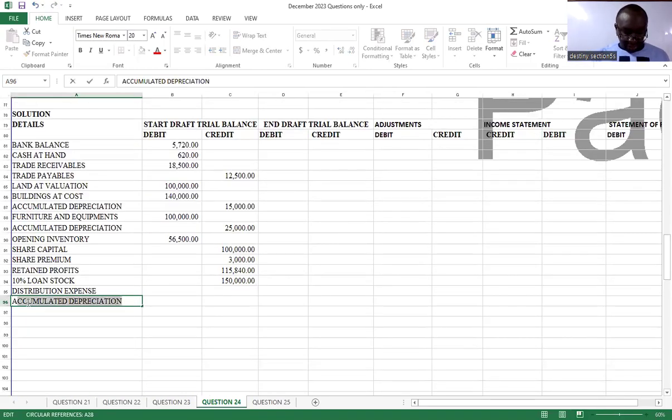So administration expense. I have seen it is followed by another one called other operating. I told you when you get logged out, you log in immediately. So I'm supposed to write other operating expenses.